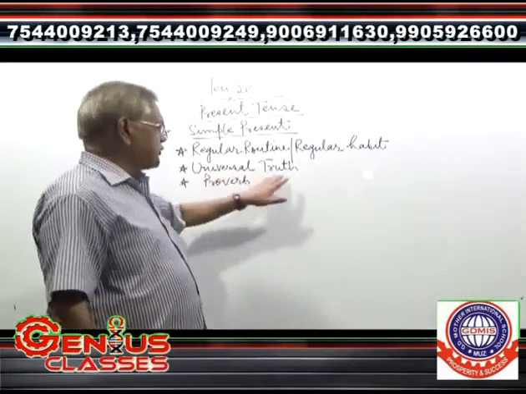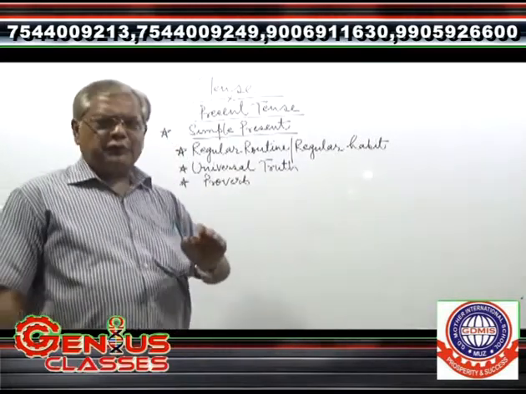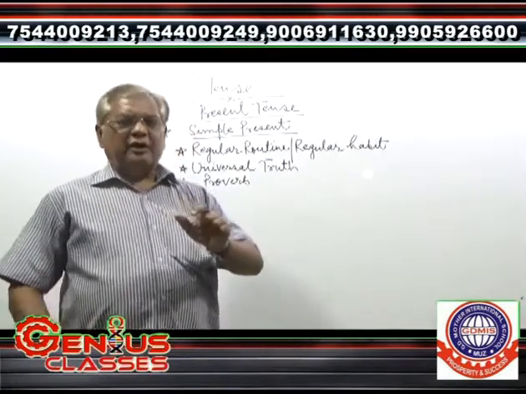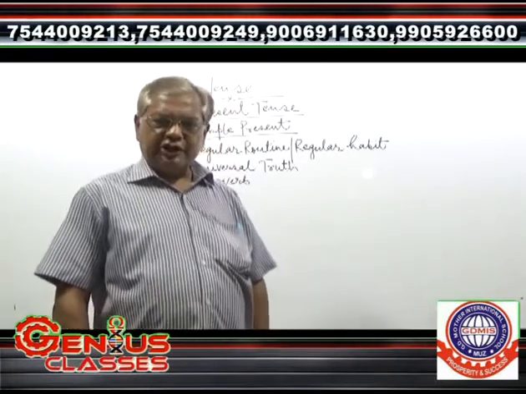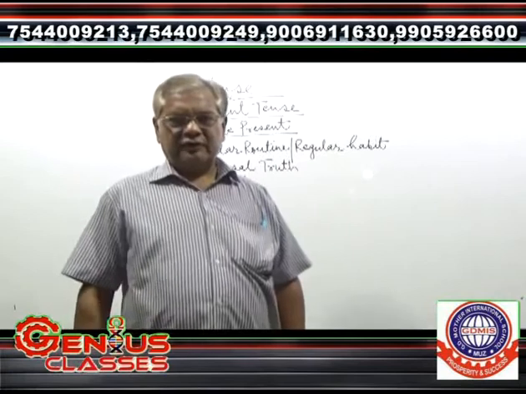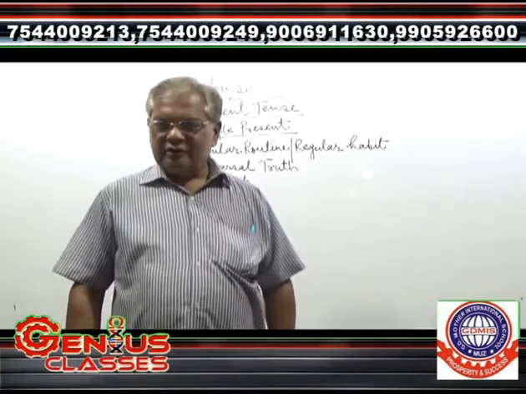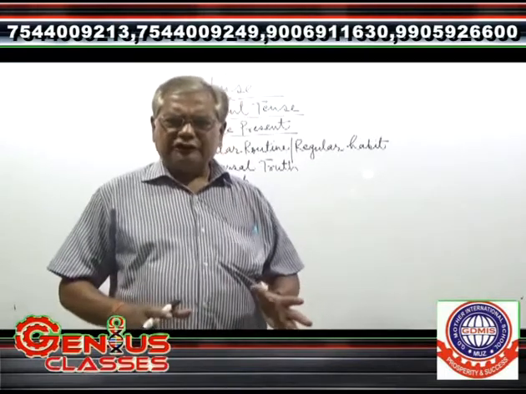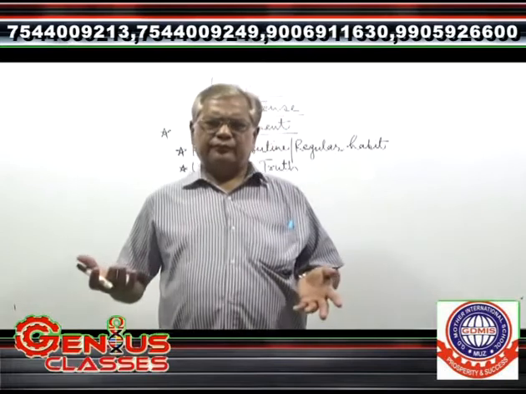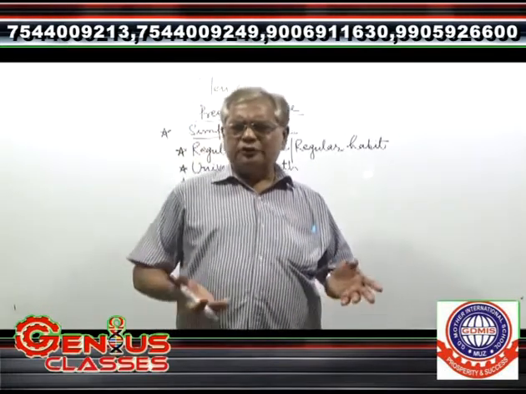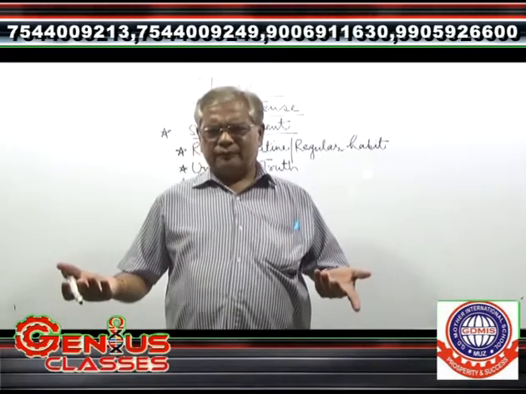Now universal truth. You know very well that this is exactly true, what happens in the universe. Like the sun rises in the east. The sun sets in the west. So these all are universal truths. Even mathematical formulas, like 2 plus 2 equals 4.